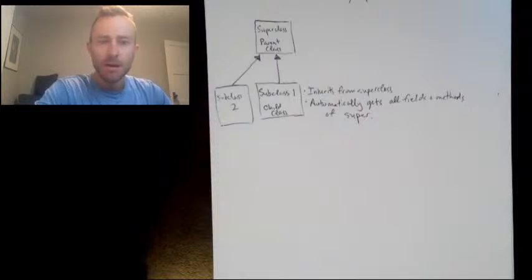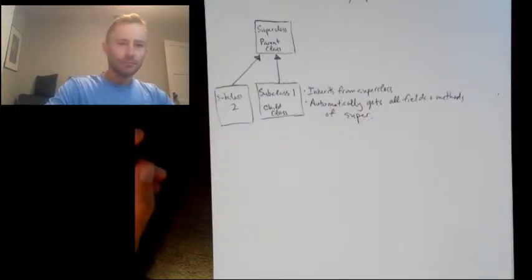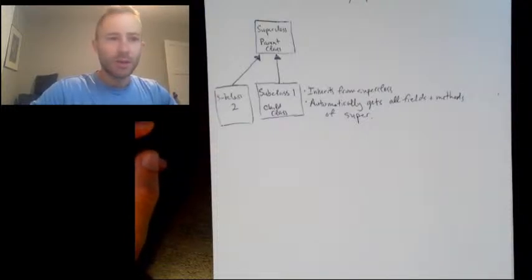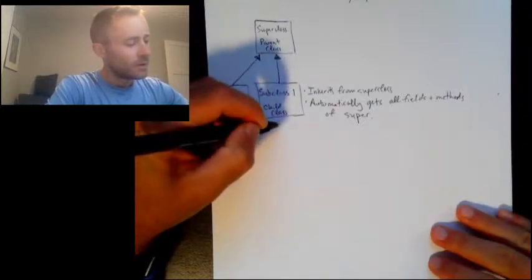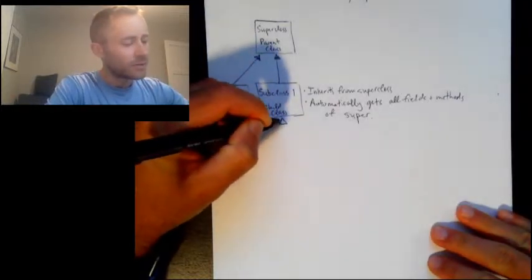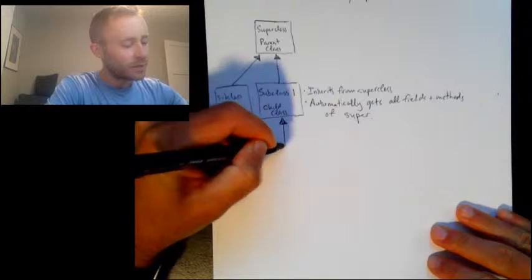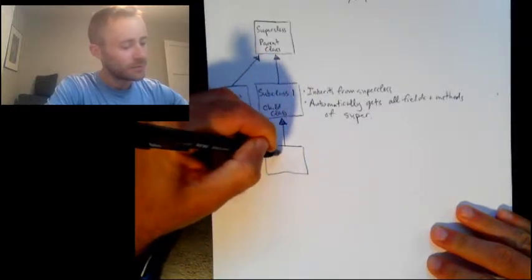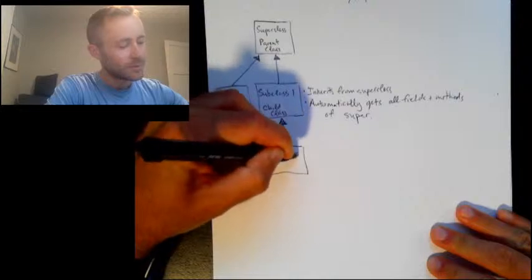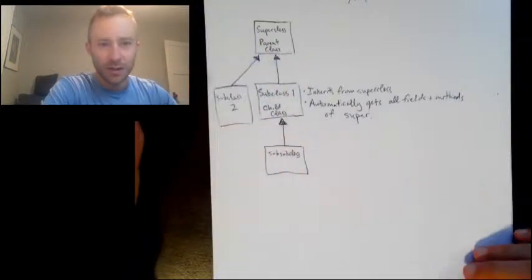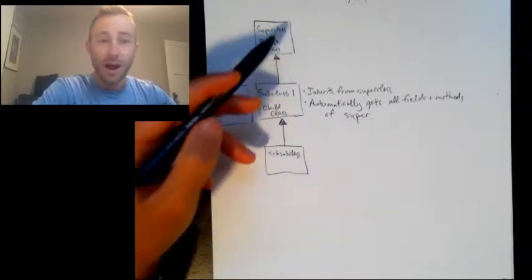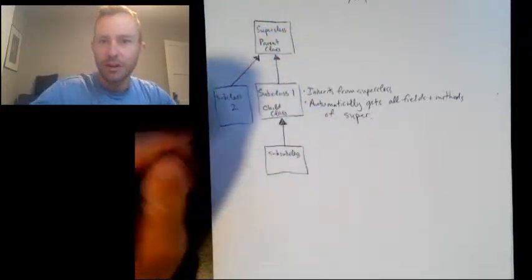And by the way, you can have classes that inherit from a subclass. So this is kind of like a sub-subclass, or maybe you want to call it a grandchild class. I don't know. So you can just keep going, and you have a hierarchy of inheritance.